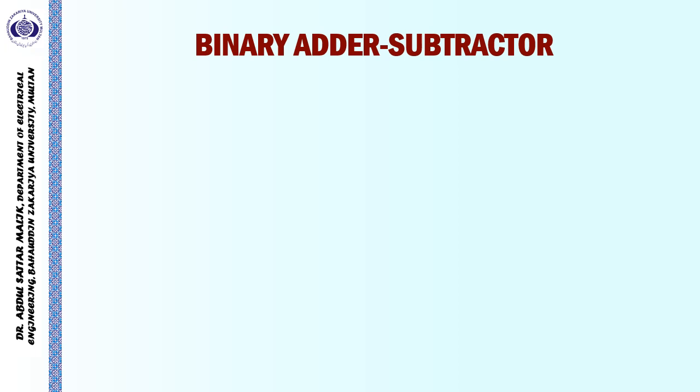Now we will try to use the parallel binary adder, and we will modify its circuitry in such a manner as to use, wherever required, the same circuit for subtraction as well.